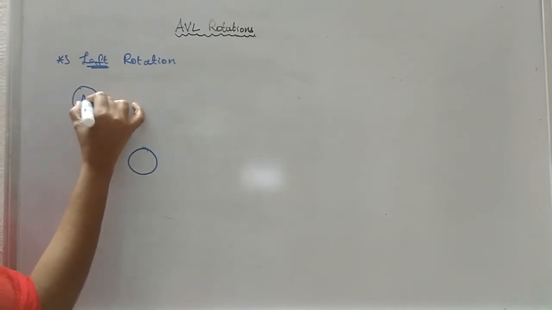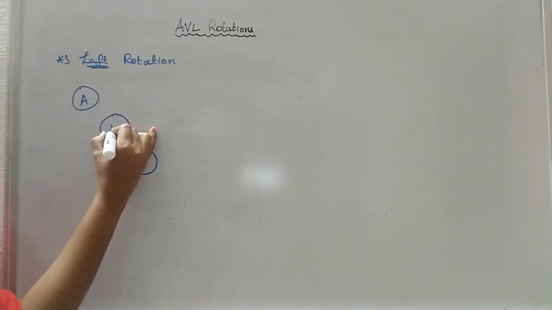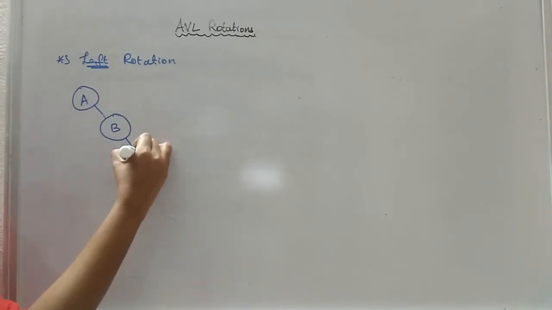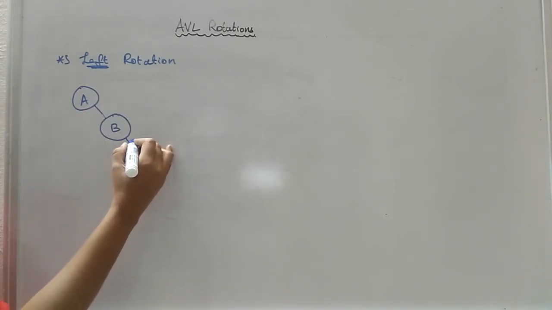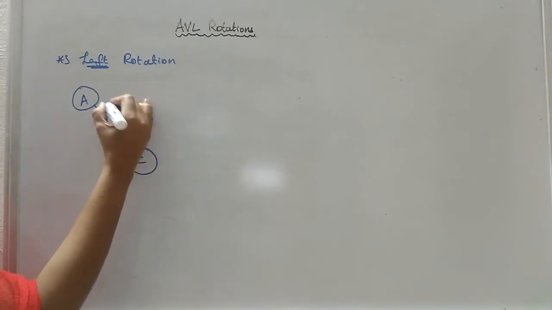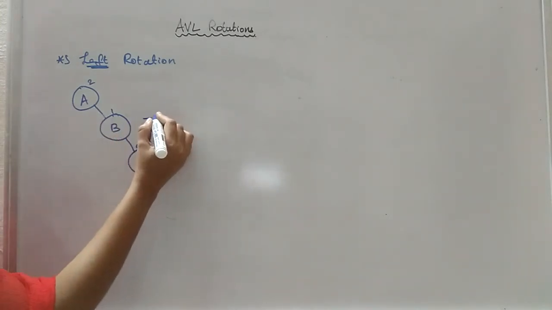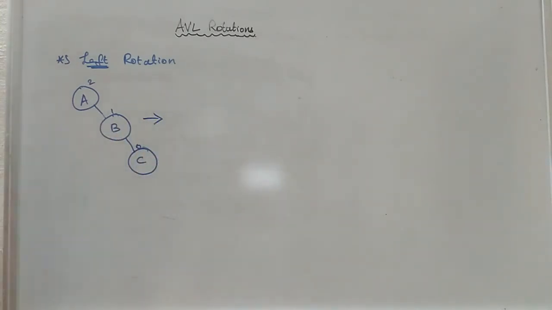Here I have A, B, and C. The height of this one is 0, 1, and for this one 2. So it's not a height-balanced tree. So I should perform rotations in order to make it a balanced one.